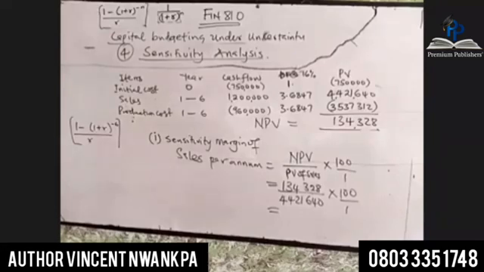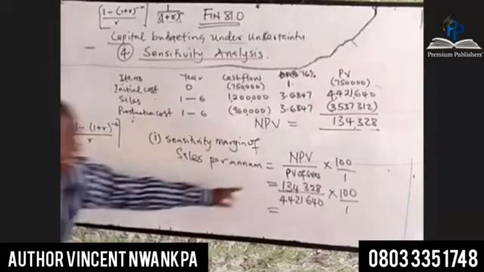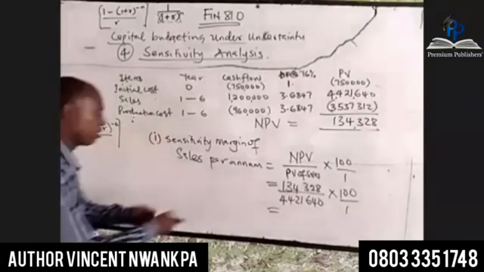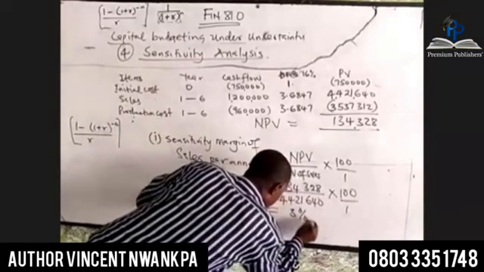With that, this is the sensitivity as per sales. The rest will come some other time. We have gone more than 2 hours. Press the calculator: this divided by this, times 100. 3%. Simple.